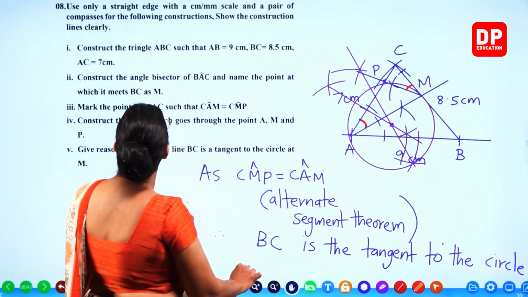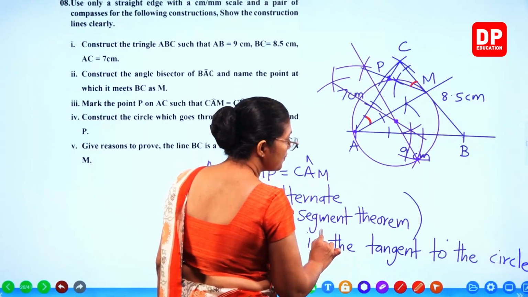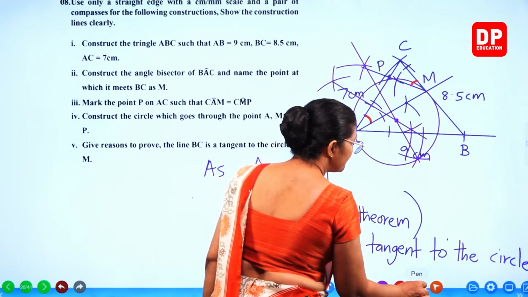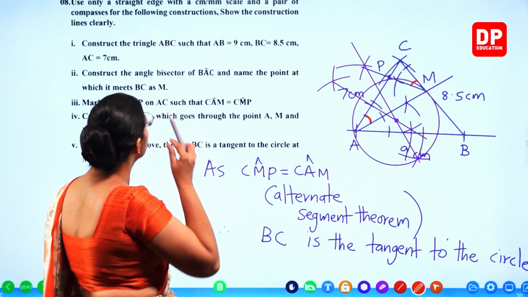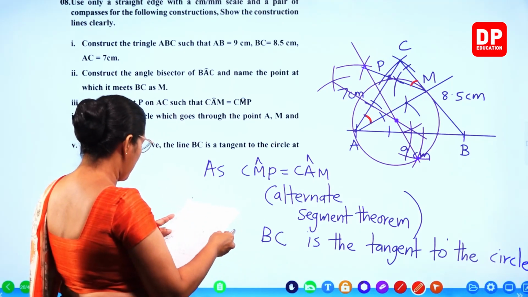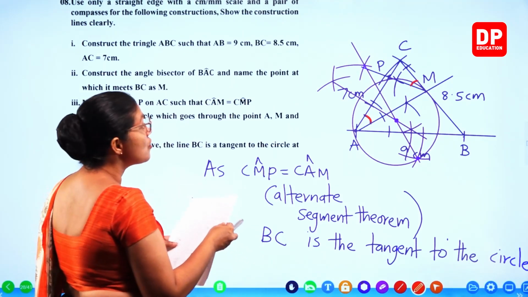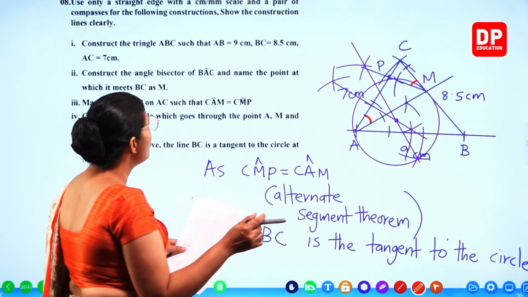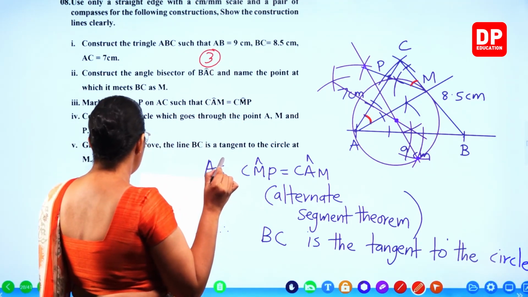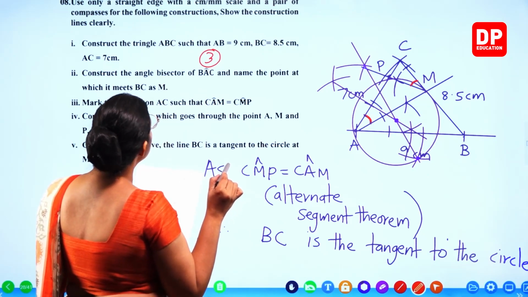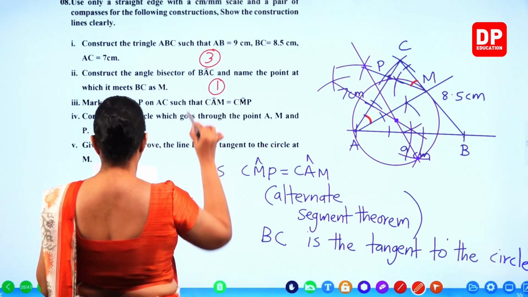Now let's give marks for the whole thing. Okay, so we'll take the first part. Constructing the triangle, you get 3 marks. Then constructing the bisector, 1 mark.